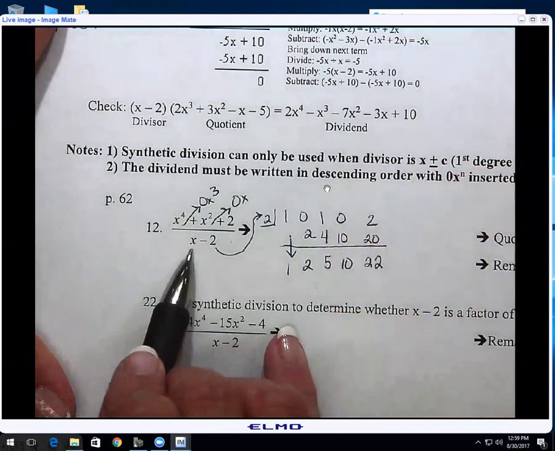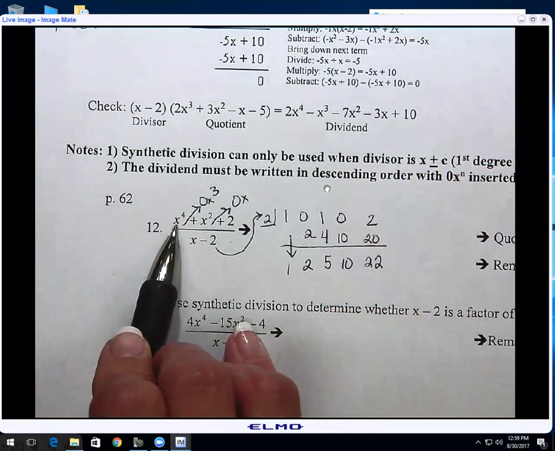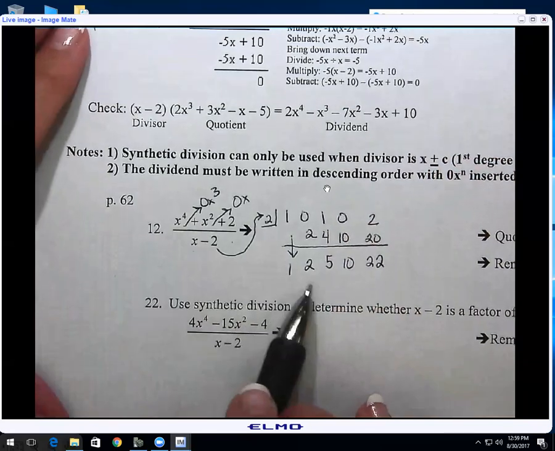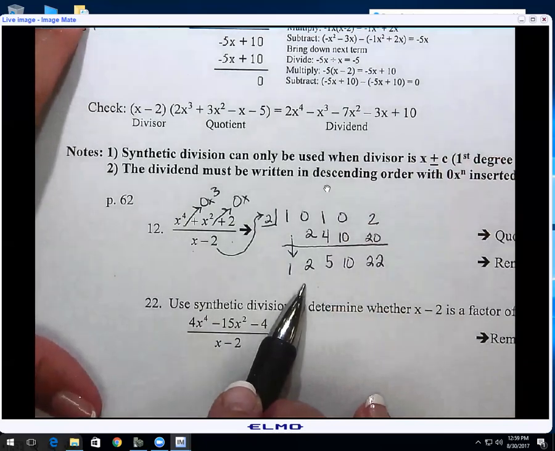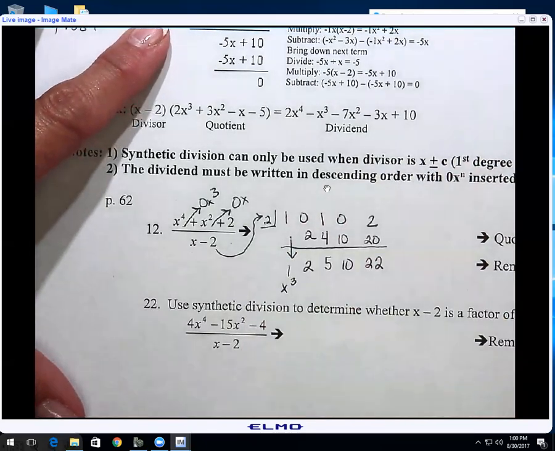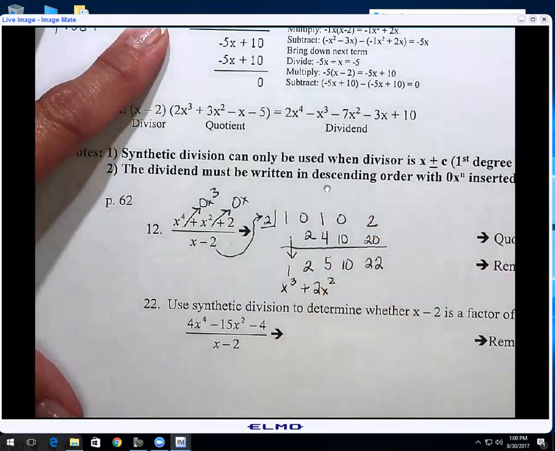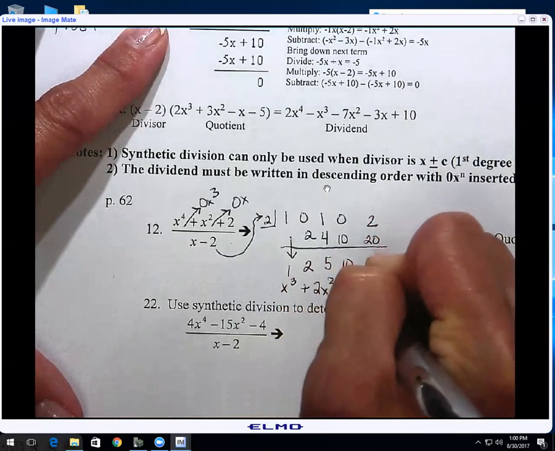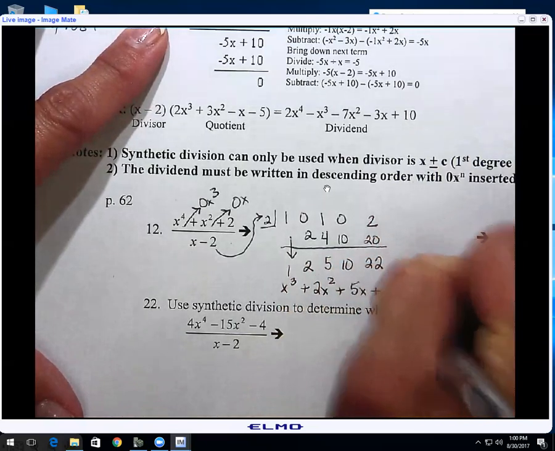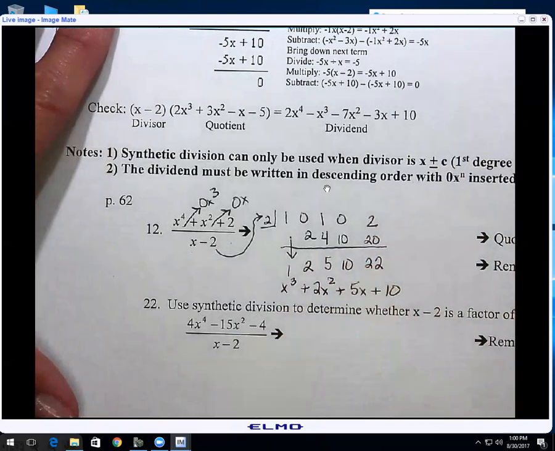If I'm dividing an x into an x to the 4th, what power is my first term going to be? An x cubed. So that 1 must be my coefficient of x cubed. That's x cubed. What would come after that? Plus 2x squared plus 5x plus 10. If that's my constant, I've run out of x's. What is that, 22? Remainder.